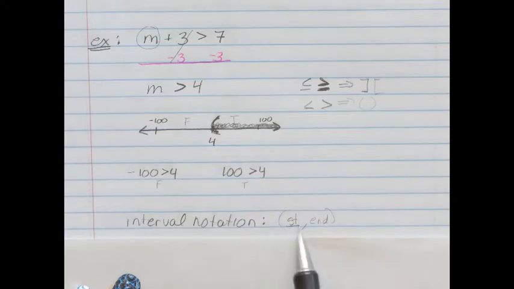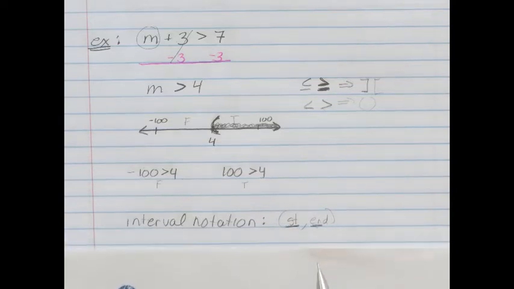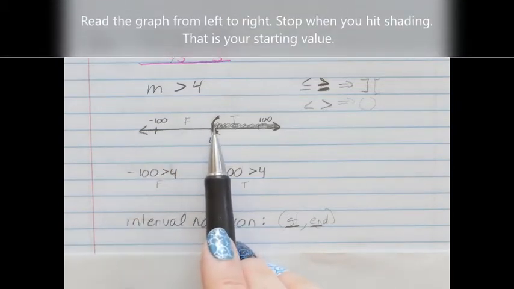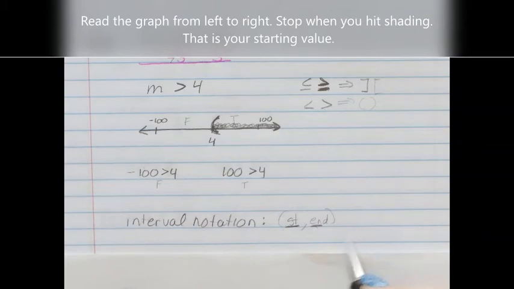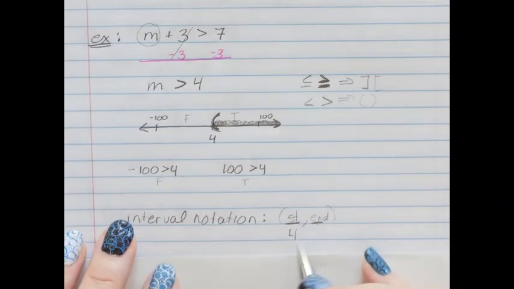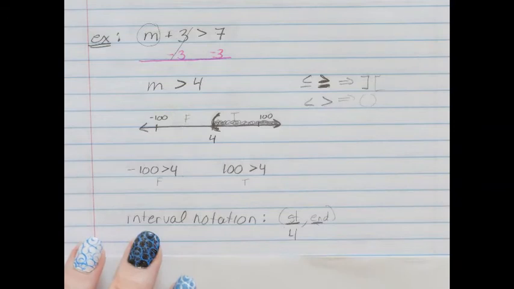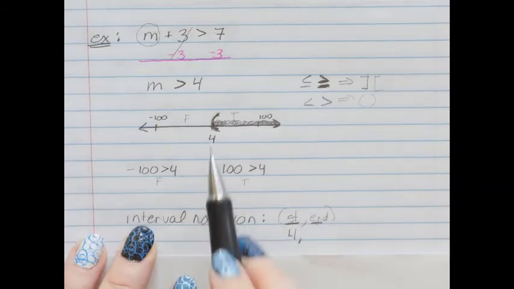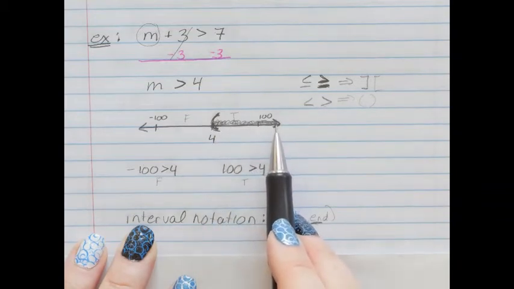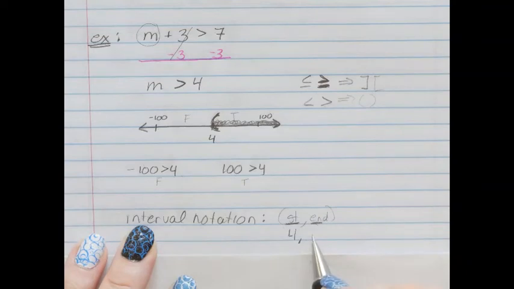Where does the shading start? It starts at 4. So I'm going to write the number 4, and then I'm going to write where my shading stops. And it stops at this arrow, and that arrow represents positive infinity.